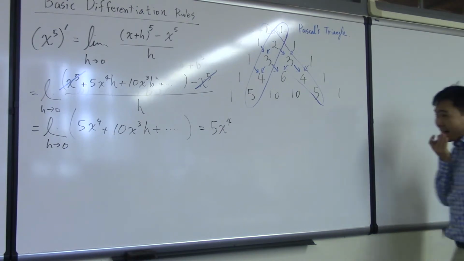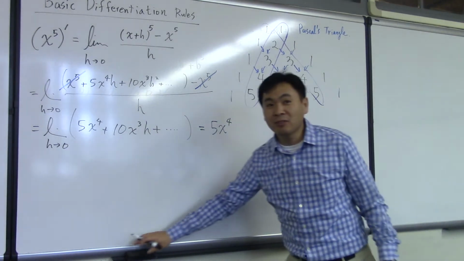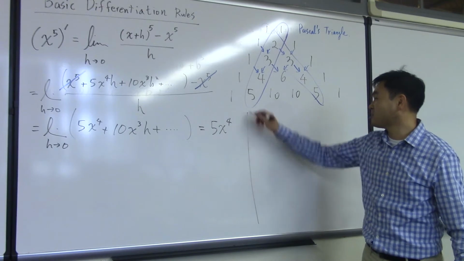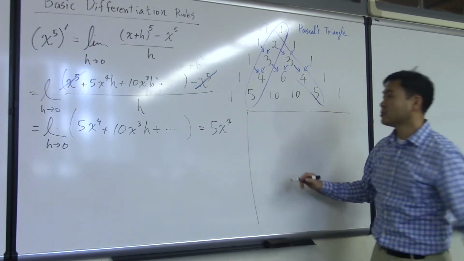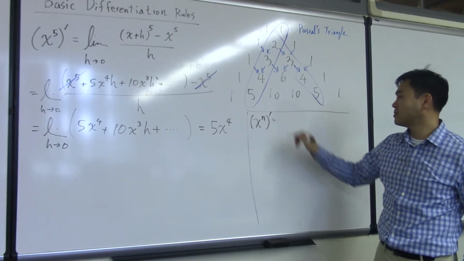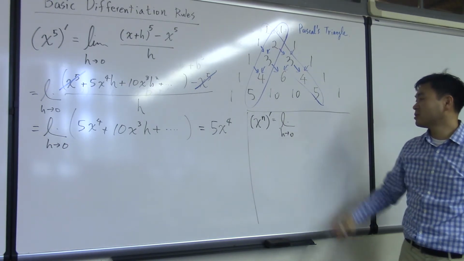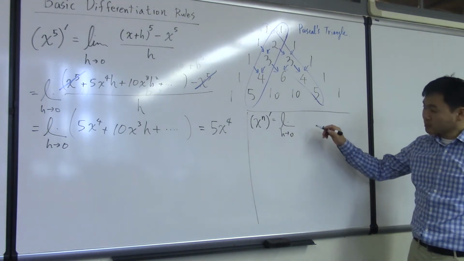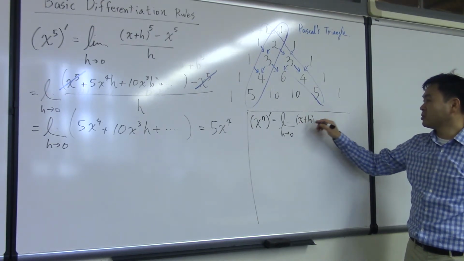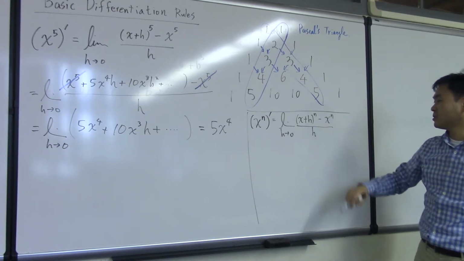Now, I think 5 is a big enough number that you can actually see what's going to happen if you write this for x to the nth power, right? So what would happen if you do x to the nth power prime? Then you would be doing the limit as h goes to 0 of x plus h to the nth power minus x to the nth over h.